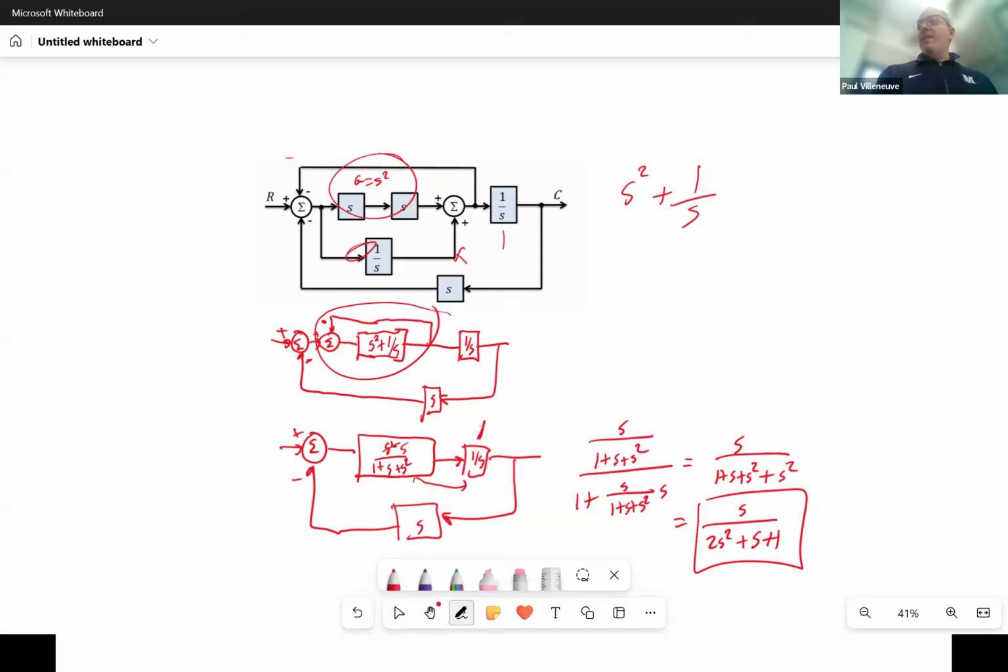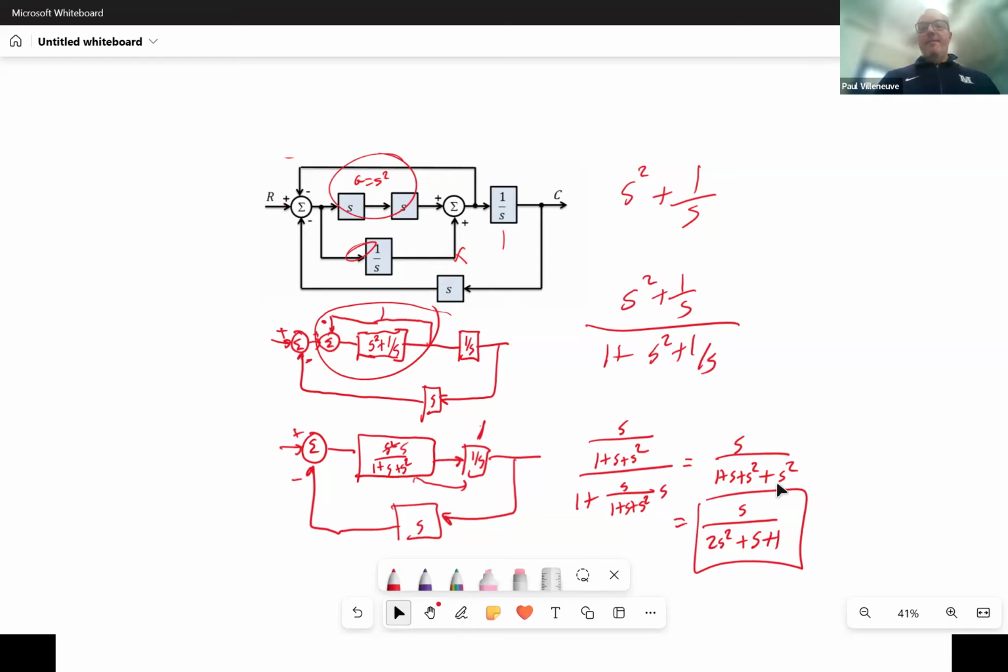The feedback, we're going to do that feedback right here. So this feedback, this is a feedback path, right? So now it's going to be G over 1 plus GH. My H value is unity here.